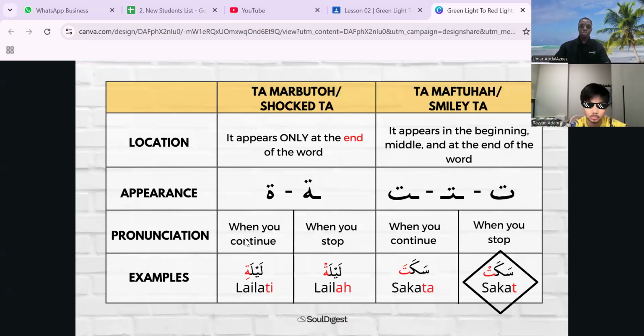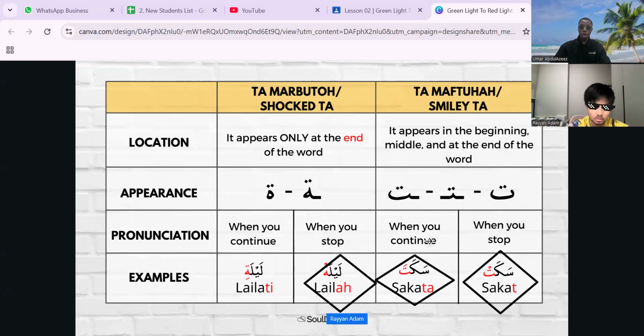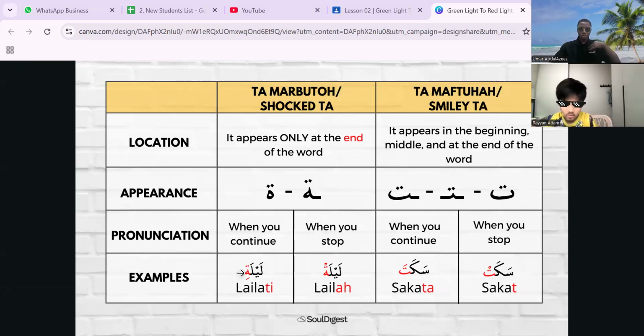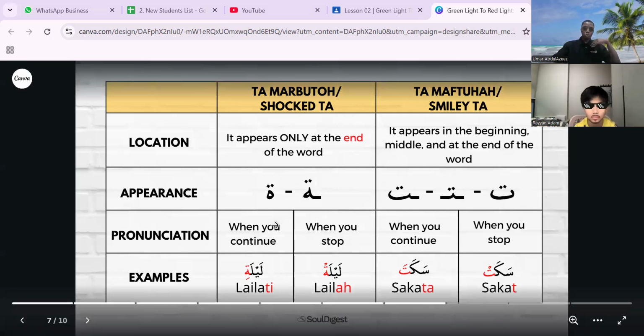Now pronunciation. When you continue and when you stop, you pronounce them. Ta maftuha is also pronounced while reading or while stopping. Example: when you stop, when you continue, Lailatil, Lailati, right? Lailati, because we are not stopping at the end, we are continuing.